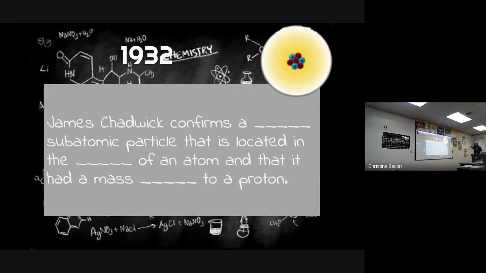So in 1932, James Chadwick confirms a neutral subatomic particle, also known as the neutron. Yeah, neutron is neutral. So he discovered that the atomic mass wasn't making sense. Okay? I don't know how he did this, what experiment he used, but he found out that there's more to an atom than just protons.